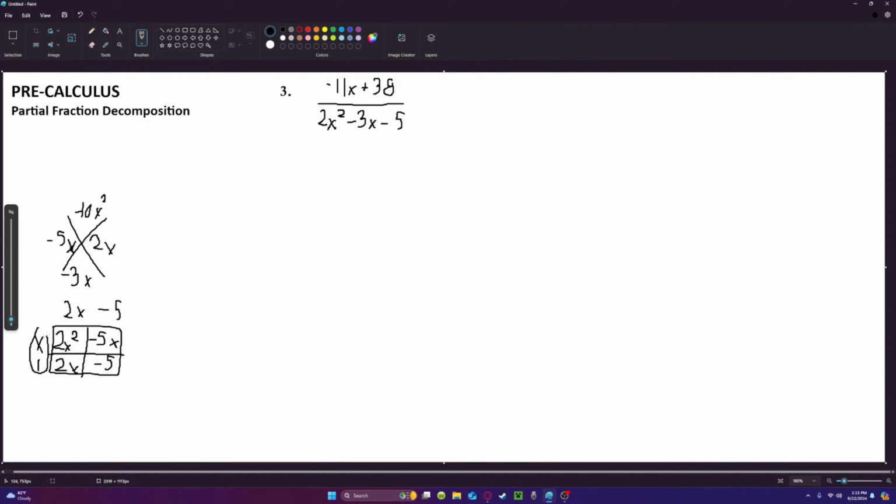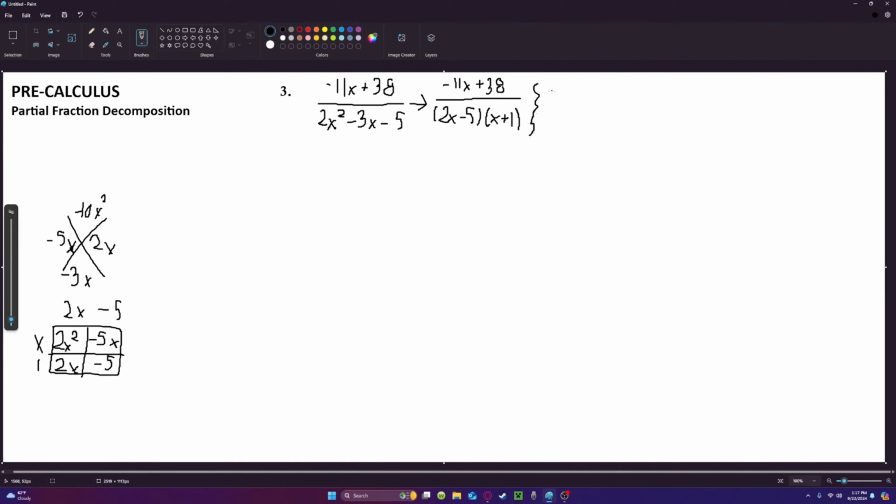So these are our factors. So this then becomes negative 11x plus 38 over 2x minus 5 times x plus 1.